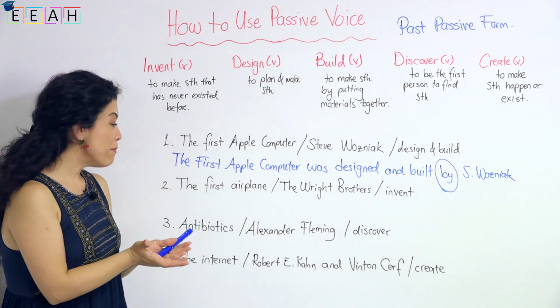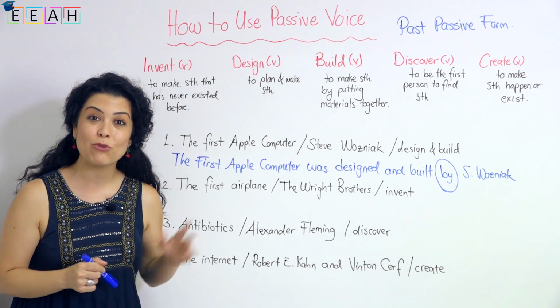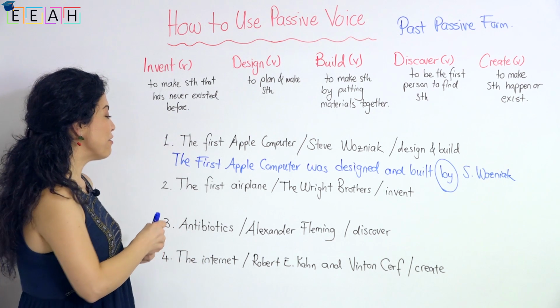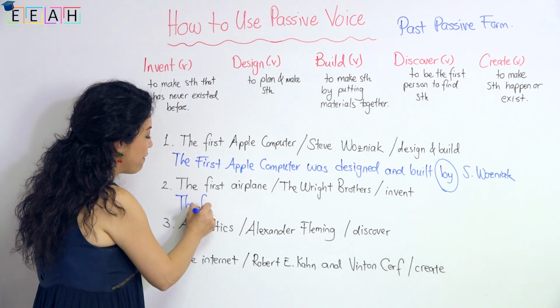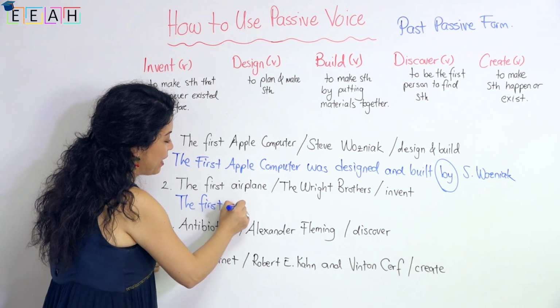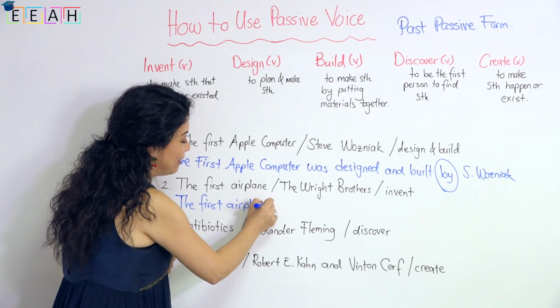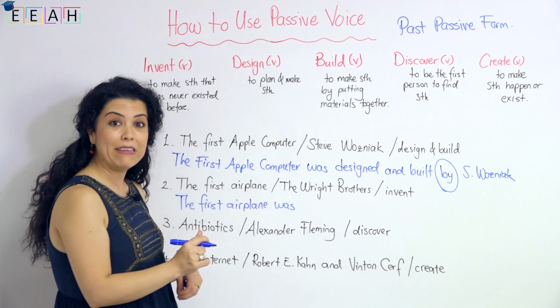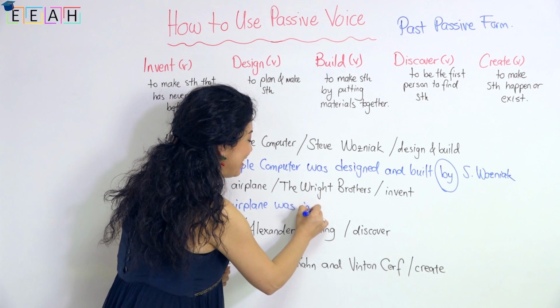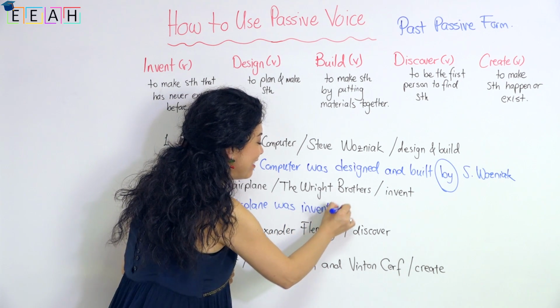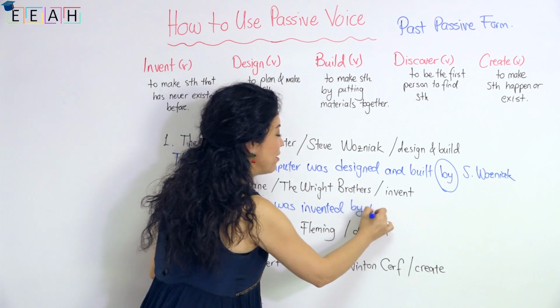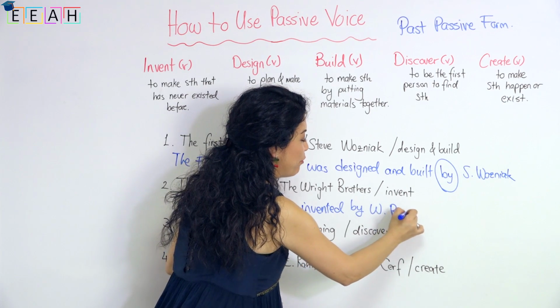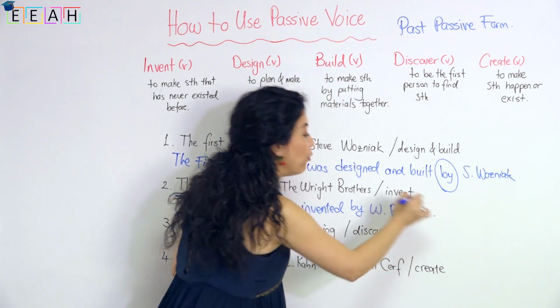Okay, but I want to make the invention more important, so I start my sentence with the first airplane. This is singular again, so I have to say was. My verb is to invent. Invented by Wright brothers. Cool.